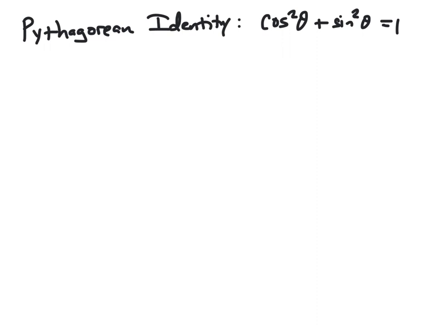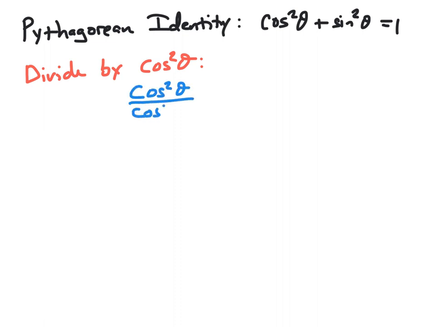We can easily get a new identity from this one by dividing both sides of this equation by the cosine squared of theta. And if we do that, what we get is the cosine squared of theta divided by the cosine squared of theta plus sine squared theta divided by cosine squared theta, and that will equal 1 divided by cosine squared theta.